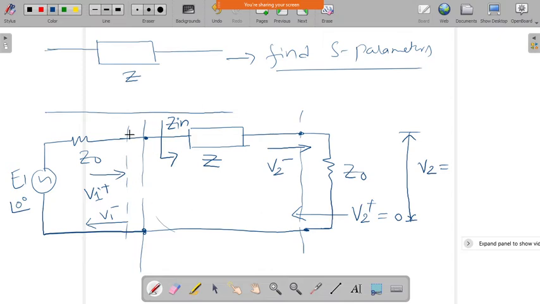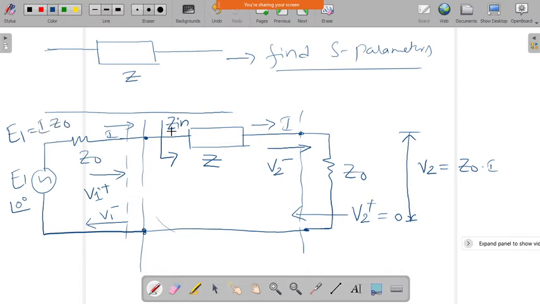Since it is a reciprocal network, the same current I is flowing, so we can write V2 equal to Z0 into I. And similarly E1, which I can write as I into Z0.